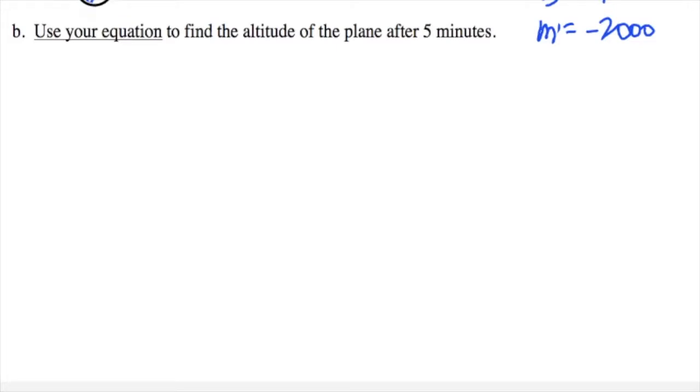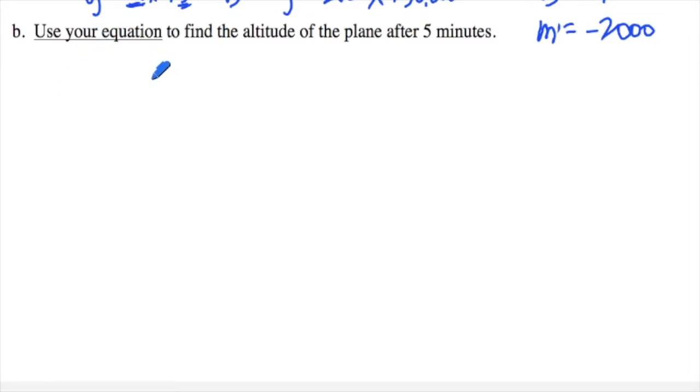We're writing this in slope-intercept form, y equals mx plus b. So let's fill in our m and our b and keep y and x. So y is equal to our rate of change, negative 2,000, times x, plus we're starting at a height of 30,000 feet. It's above ground, so it's going to be a positive height.